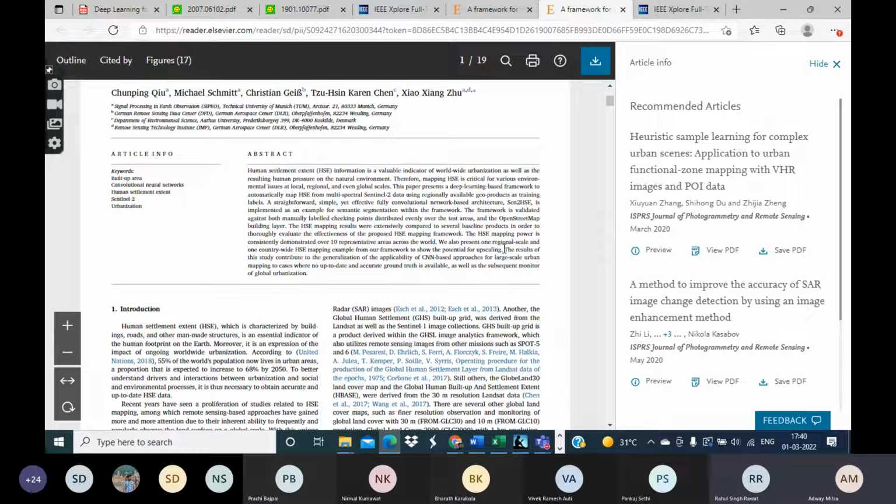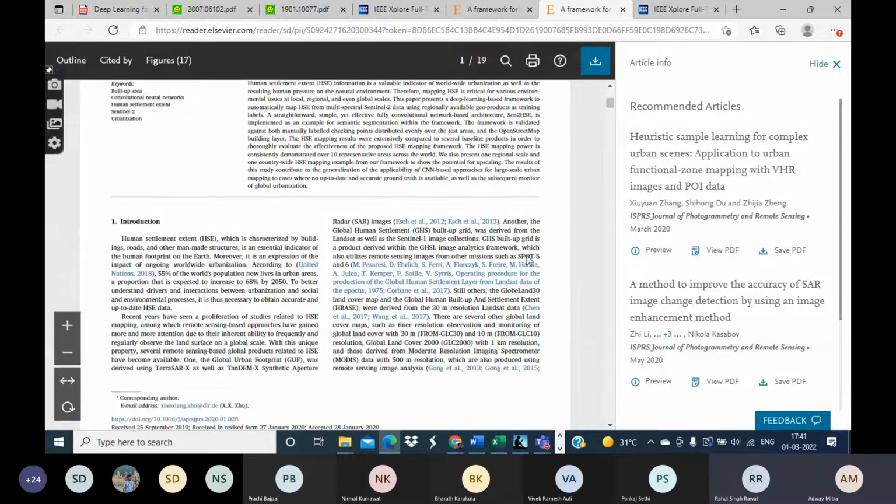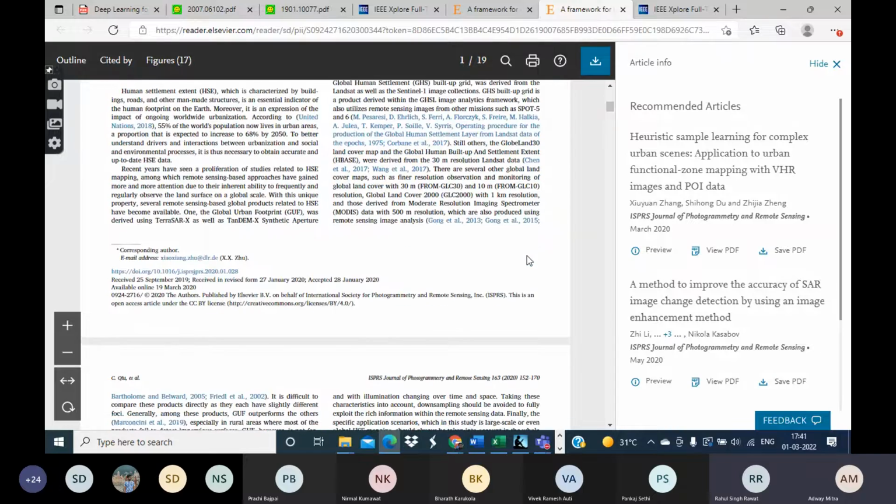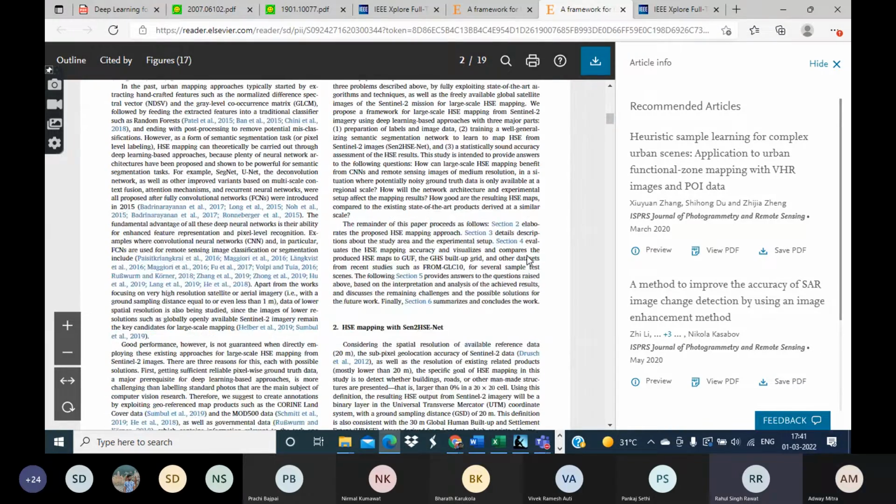We also present one regional scale and one countrywide HSE mapping example. Okay. So they have done it at a very regional scale, maybe at a state level or city level, and once at a country level, to show that at different resolutions they are able to do this segmentation. Okay. So let's skim through this paper quickly enough.